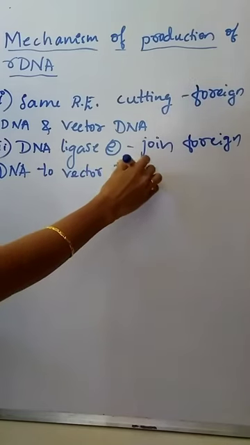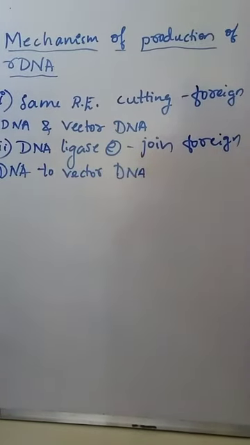Both the DNAs are ligated, or joined, with the help of the molecular stitcher called DNA ligase enzyme. DNA ligase enzyme is the molecular stitcher used to join or attach the foreign DNA, or gene of our interest, with the vector DNA.